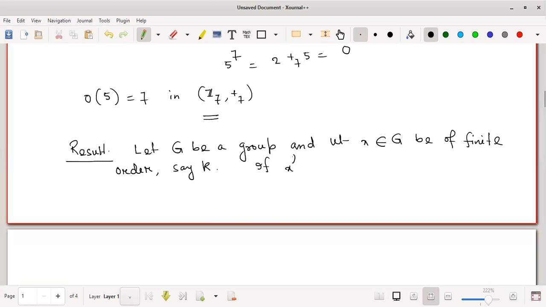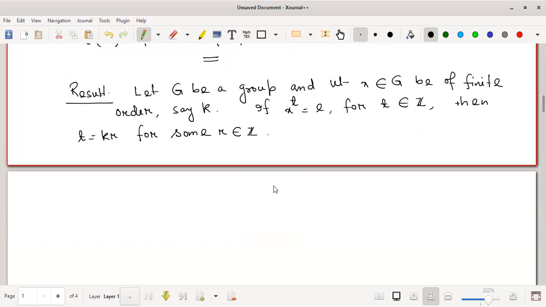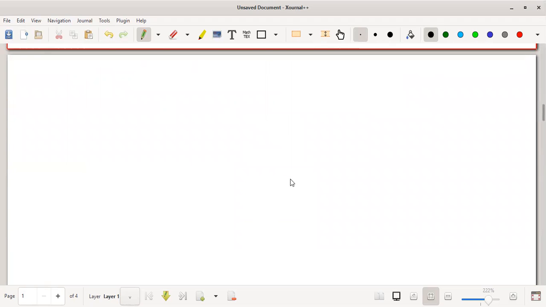If x to the power t is equal to identity for some t in Z, then t equals kr for some r belonging to Z. That means if you know that an element has a finite order, say k, then for any integer t for which x to the power t is identity, that integer is actually a multiple of the order of the element. That is to be proved. So proof.